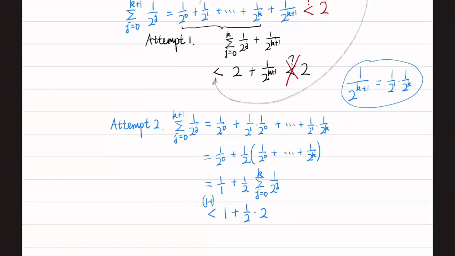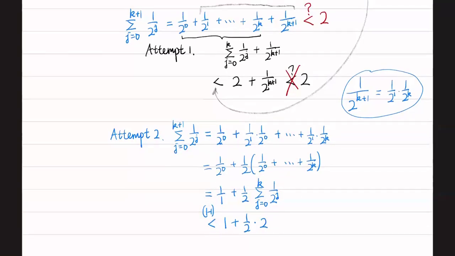So I put H over there to indicate we used our hypothesis at this step. Maybe I also put H here to indicate we use the hypothesis.